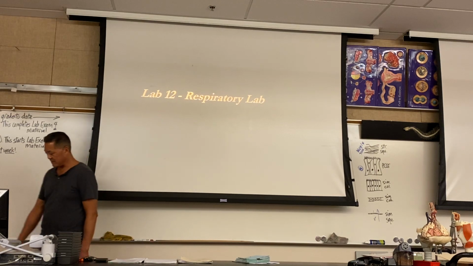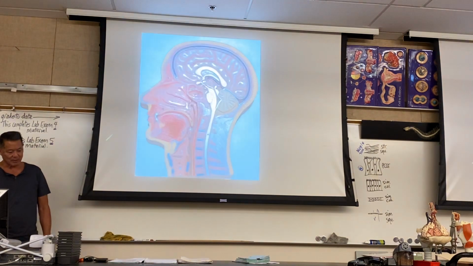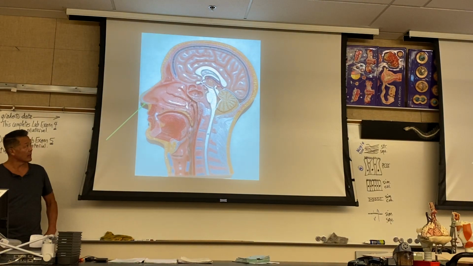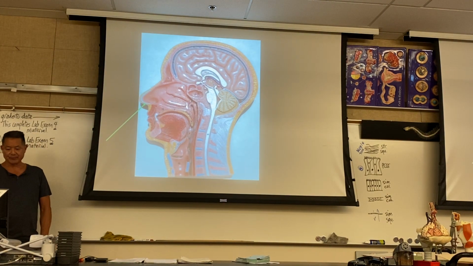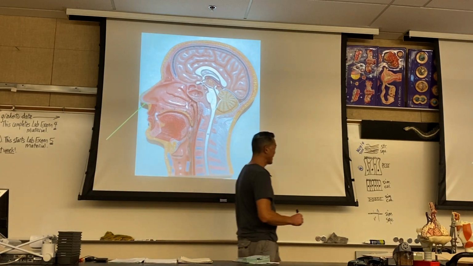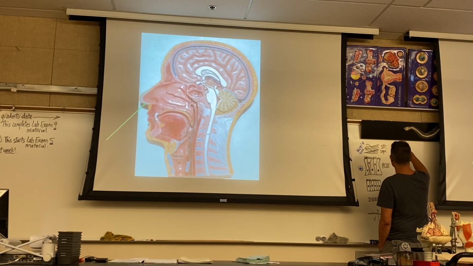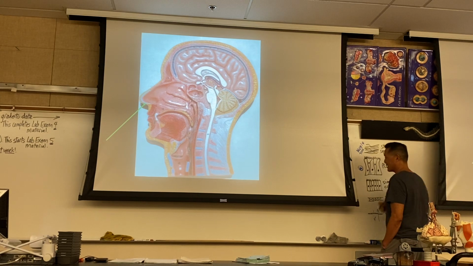Okay, let's go ahead and start tracing our way through as an oxygen molecule all the way to the alveoli. The air molecule has to go through the nostril. That is stratified squamous keratinized, just like skin.